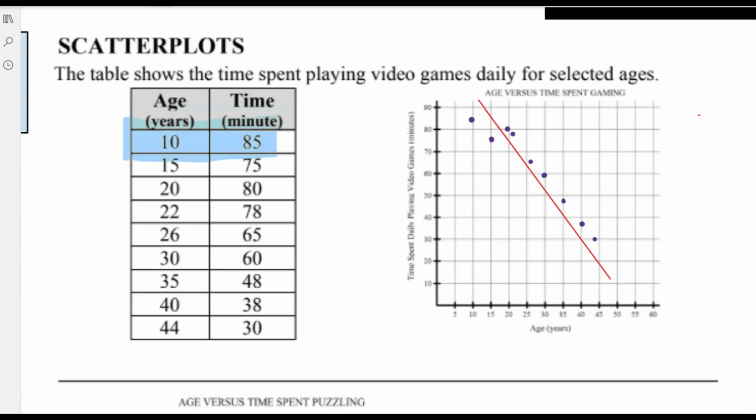If we have a negative slope, then that means as the age is increasing, which means I'm going in this direction, the time spent is decreasing, going in this direction. That's the negative slope, and that gives us a lot more information about what's happening in our survey than the original table gave us. This visual is much easier to understand at a glance.